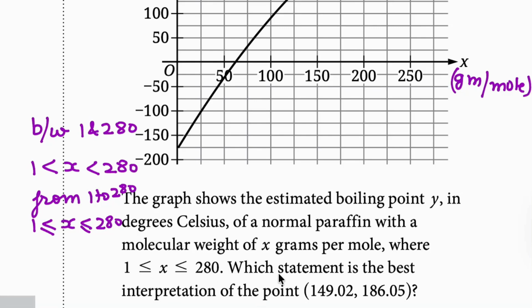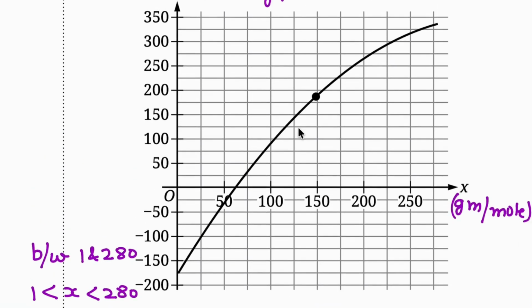Which statement is the best interpretation for the point (149.02, 186.05)? Okay, so that means a coordinate x and y is given to us. This is that point x and y. And what is x? 149.02. And what is y? 186.05.